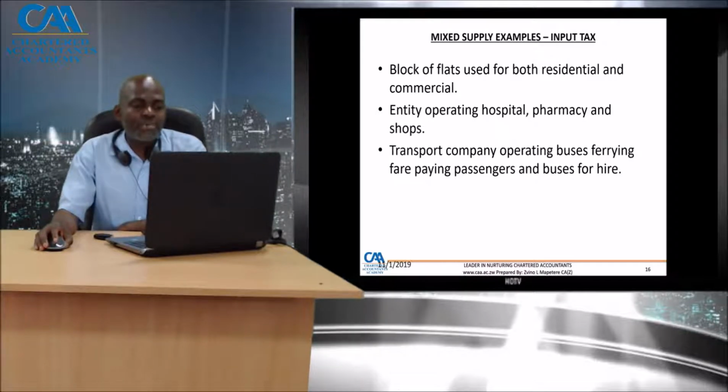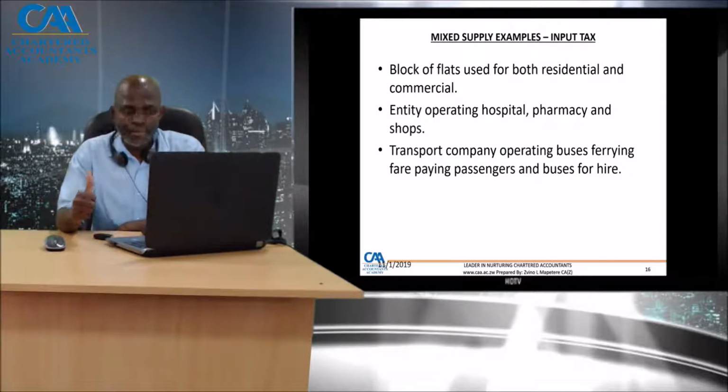Then you also have transport companies that operate buses. So now with buses, first if you have buses that carry fare paying passengers, that supply is exempt. The operator must not charge VAT to fare paying passengers.